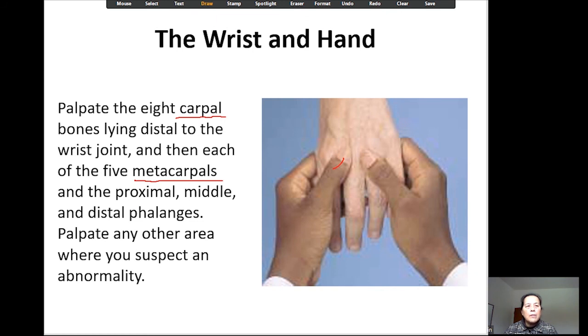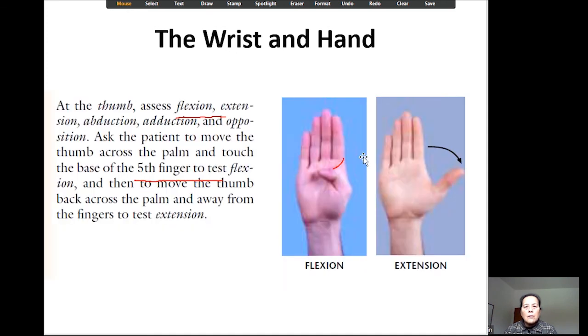Same size, same color, same shape. That should be normal. And then we look if something is wrong in there. So that's palpation. Certainly, we still look at the movement of the wrist joints and the fingers.